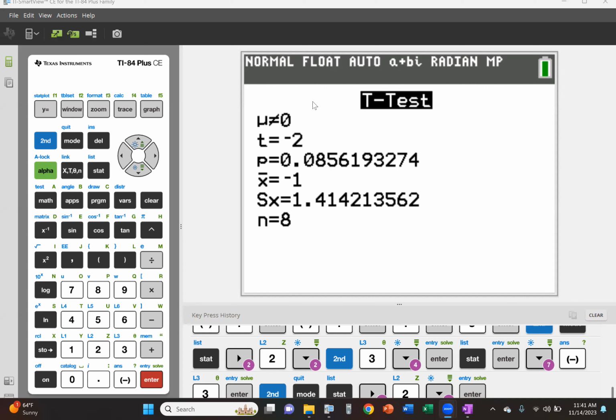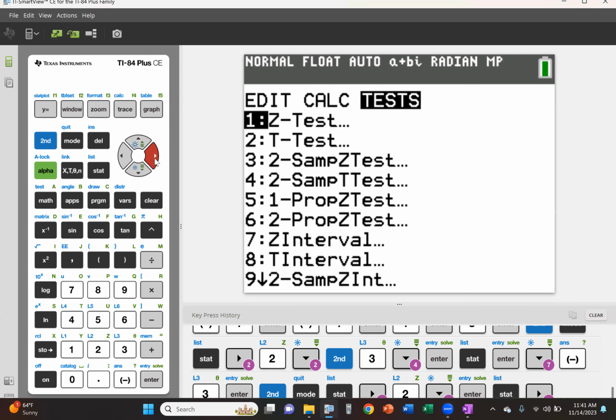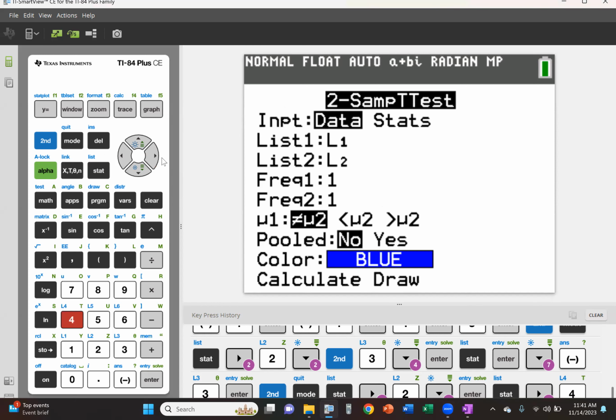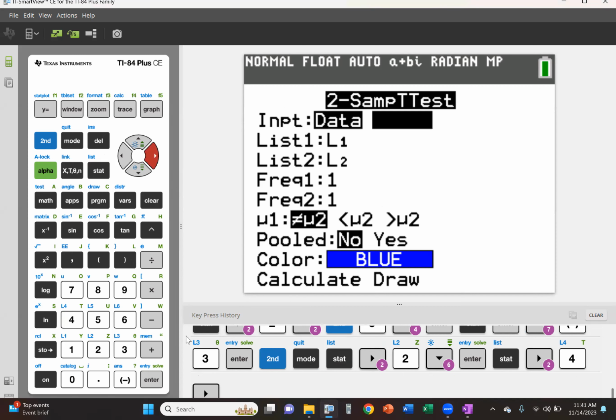So let's go to our stat test. And we're going to do a 2-sample t-test, which is number 4, on stats that we were given, not data.